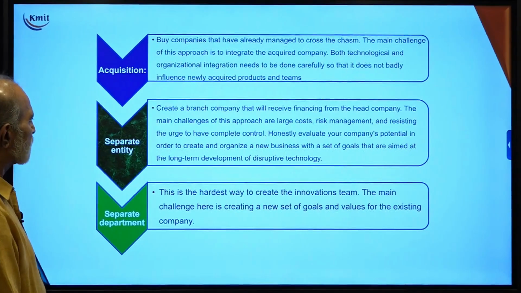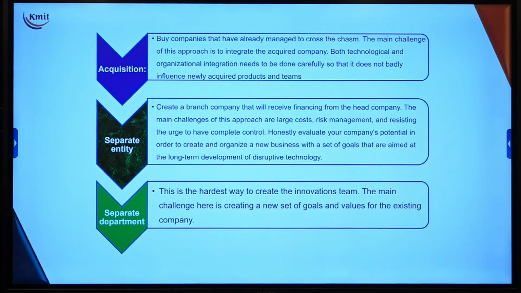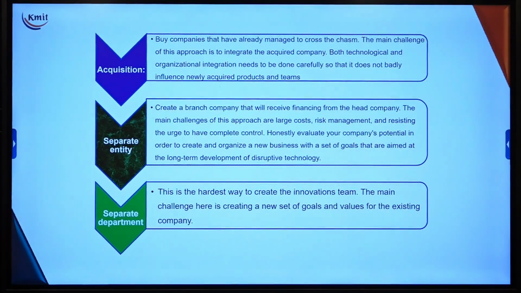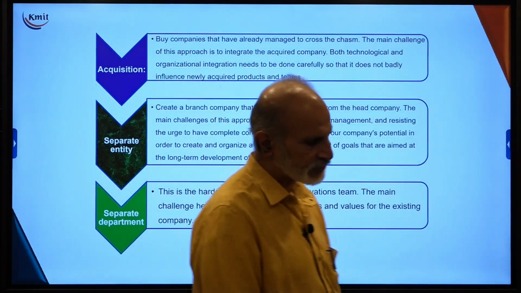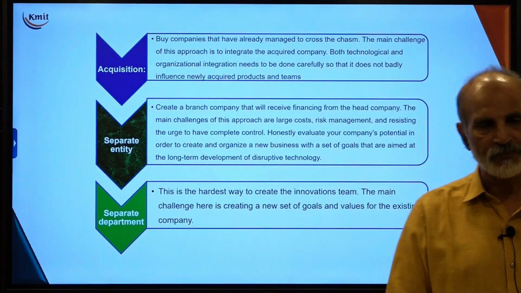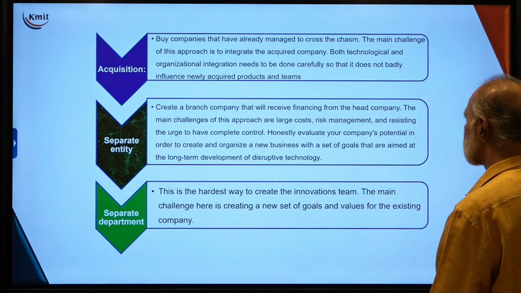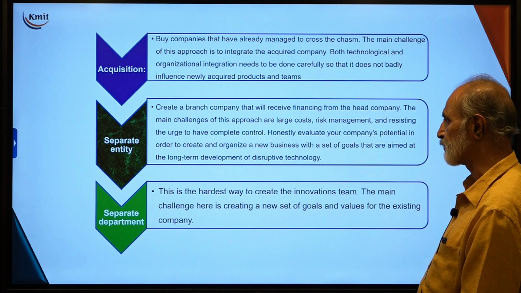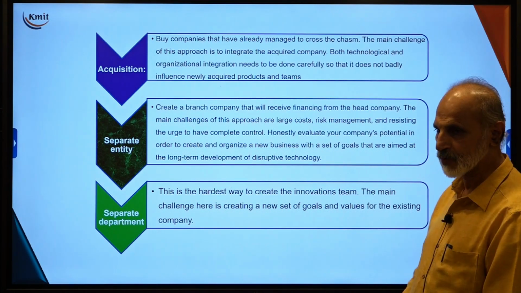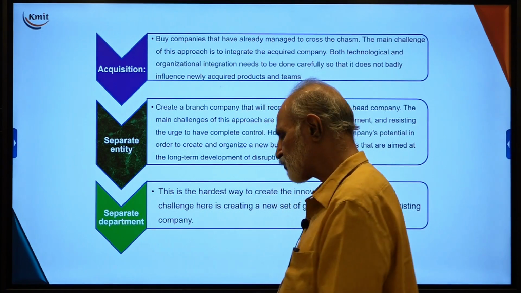The main challenge of this approach is to integrate the acquired company, and both the technology and the organization structure need to be handled carefully so that it does not badly influence the newly acquired company. When Sun Microsystems merged with Oracle, a lot of changes had to be made in the organizational structure. The people who were working with Sun Microsystems had to adopt the new culture of Oracle. So, acquisition is a very powerful change, and here the data science project may get affected too.